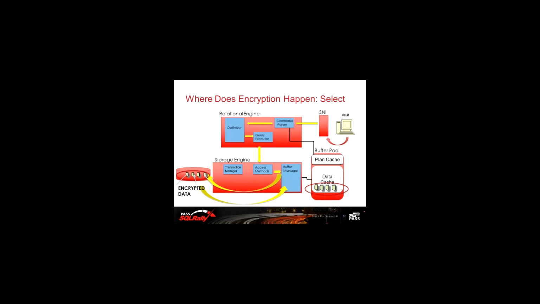There is no encryption once we get it to the data cache. By the time it's time to use this data within SQL Server, SQL doesn't know that it was ever encrypted. It's only encrypted on the disk. So we'll get that data to the buffer manager, back to the access methods, back up to the query executor, back through the SQL network interface, and back over to our user. And this is how it occurs within a select statement.